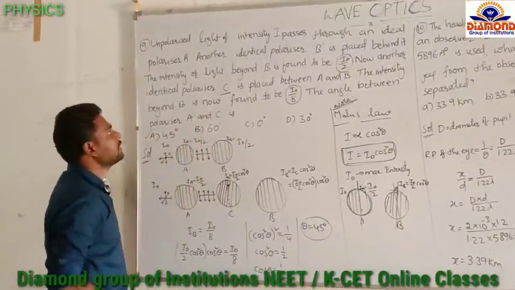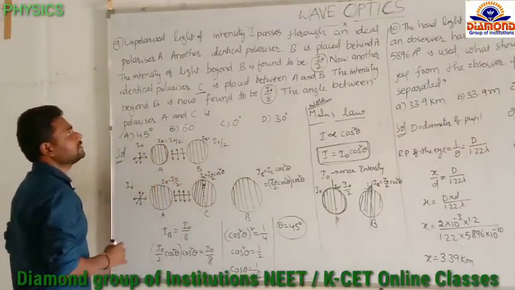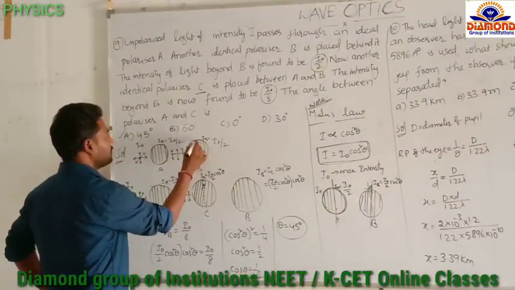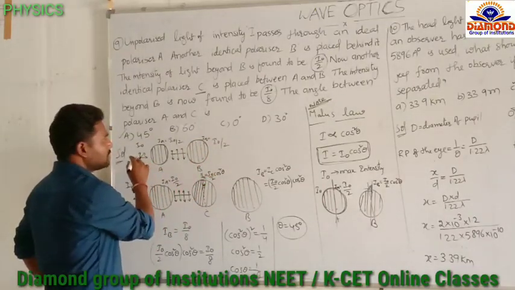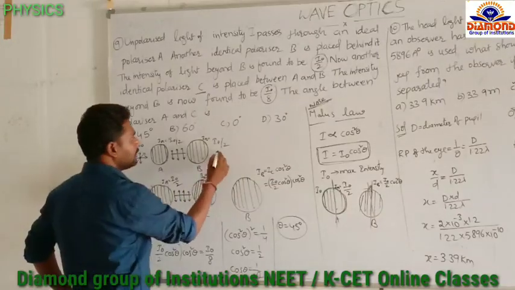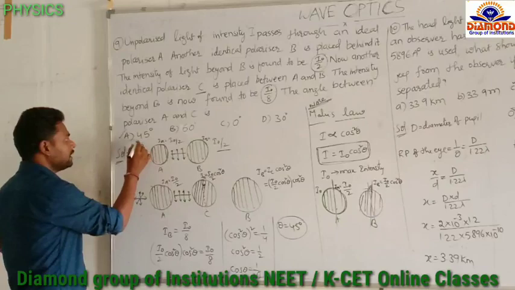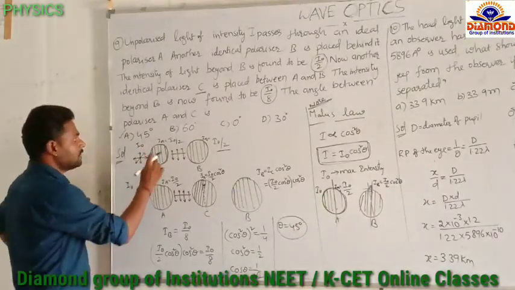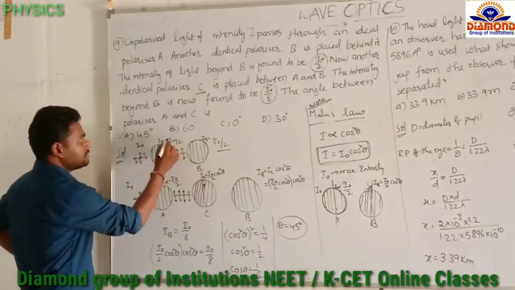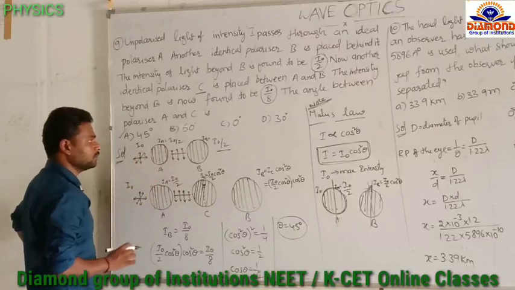First condition: they are taking the A polarizer, and behind the A they are keeping the B polarizer, and the light transmitted through B has intensity I naught by 2. That means if unpolarized light of intensity I naught is incident on the A polarizer, then after passing through A, the intensity is half, I naught by 2.